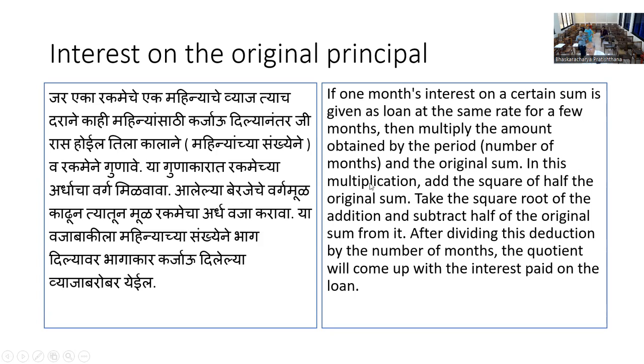In this multiplication, add the square of half the original sum. Take the square root of the addition and subtract half of the original sum from it. After dividing this deduction by the number of months, the quotient will come up with the interest paid on the loan.